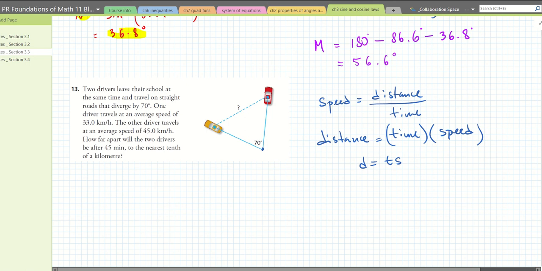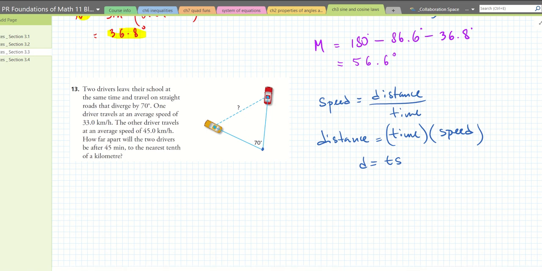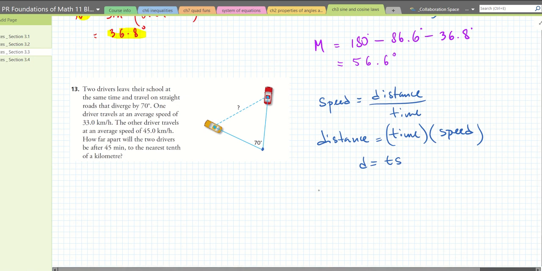So the next step is to convert 45 minutes to hours. 45 minutes is 3/4 of an hour, okay? Because each quarter is 15 minutes. Or what you can do is do the long way, 45 minutes. We know there are 60 minutes in an hour, so we can use dimensional analysis, which means we can do minutes on the bottom, hours on the top.